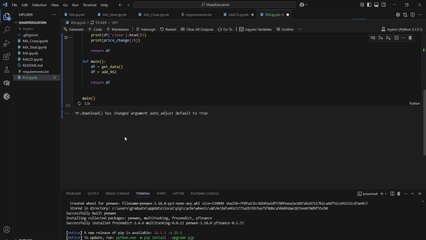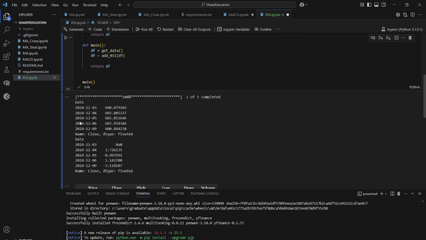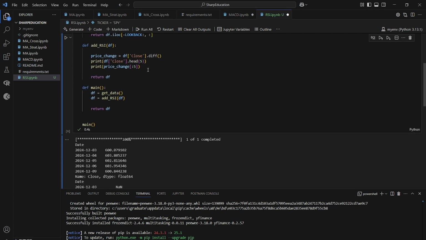Let's see how that goes. So you can see that on the 4th of December 2024, prices went from 600 to 603. So the change was $3.72 and so on. So we have the list of price changes denoted to start out here.